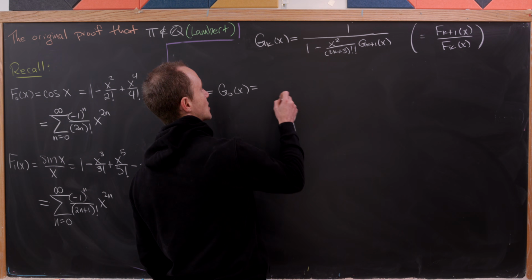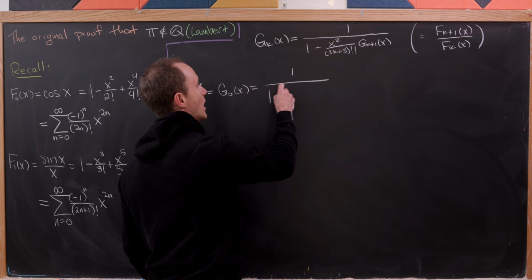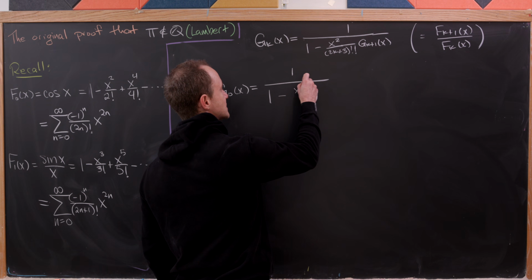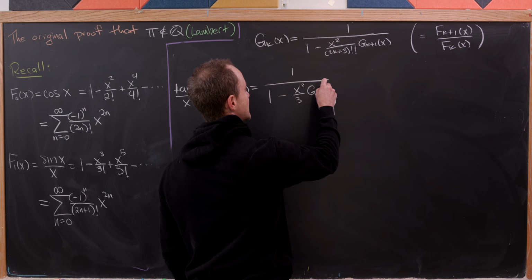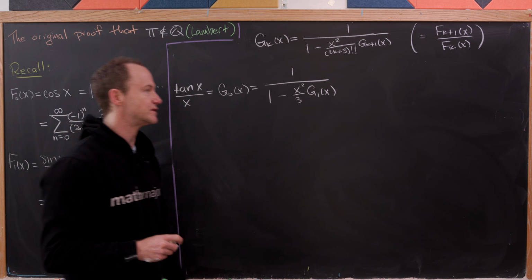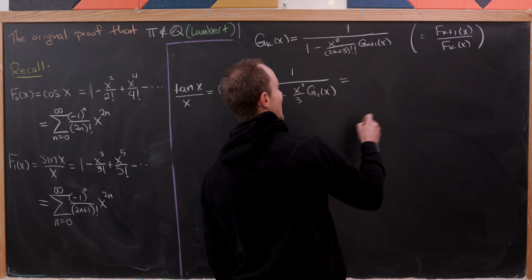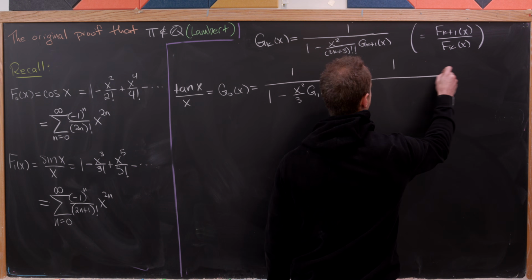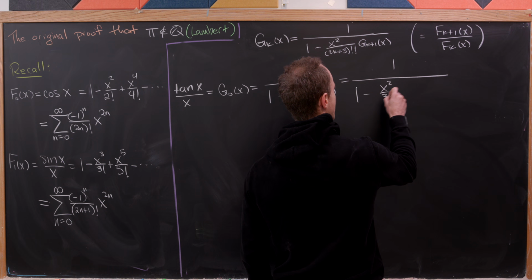But using my recursion right here, that's going to be the same thing as 1 over 1 minus x squared over 3 times g sub 1 of x. So that's using that recursion one time. But now using that recursion a second time, this is going to be 1 over 1 minus x squared over 3.